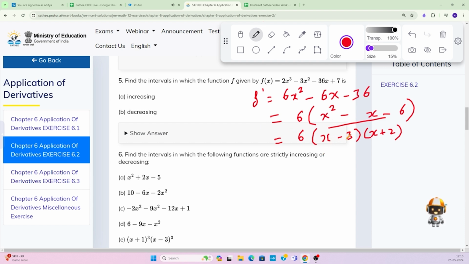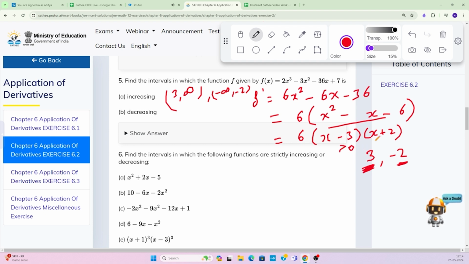Now you can easily see you have 2 points: one is 3, another is minus 2. Take x greater than this, take x less than this. From using both, you will find that f prime will be positive, so increasing in what interval? 3 to infinity and minus infinity to minus 2. Why? Put any number greater than 3, both factors will be positive.